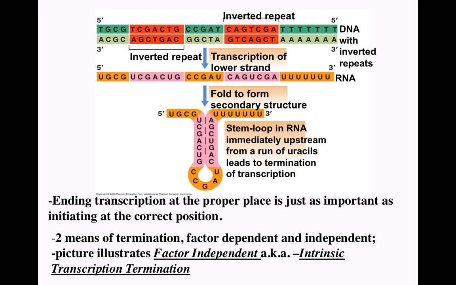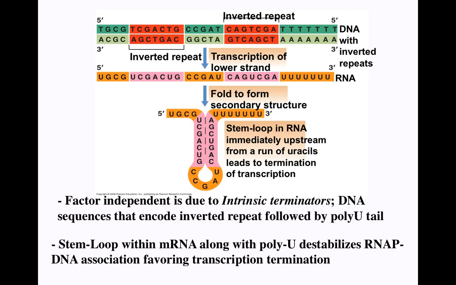The way that this architecture at the messenger RNA level works to cause the RNA polymerase to fall off is actually shown, or well, I've gotten ahead of my bullets here, but that stem loop will actually destabilize RNA polymerase.